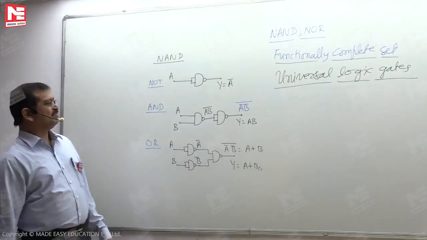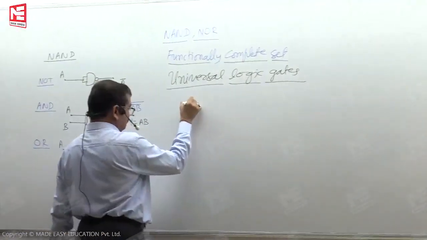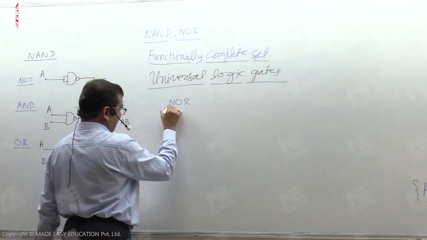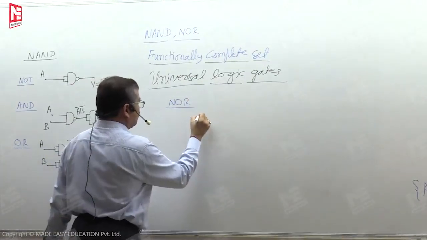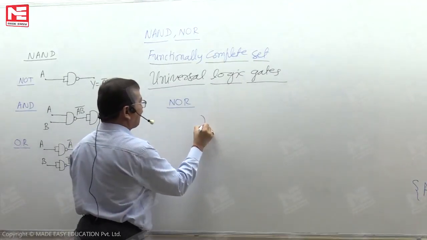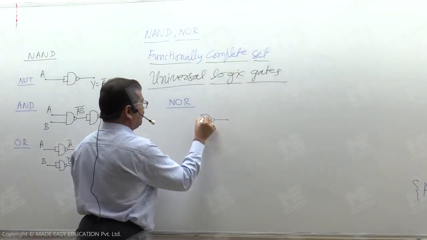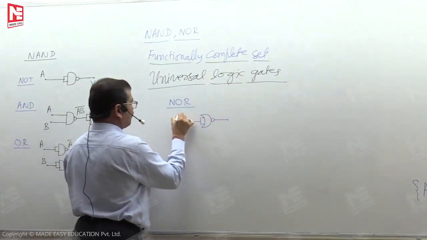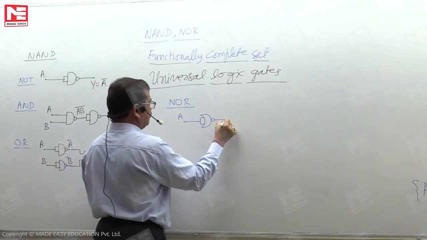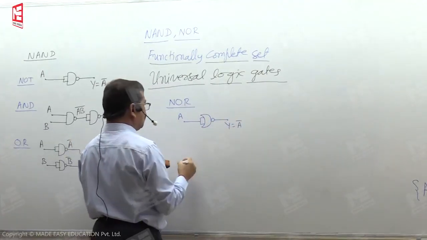Similarly, let us try with the NOR gates. For the NOT operation, we give the same input to both inputs, so it gives the NOT operation.